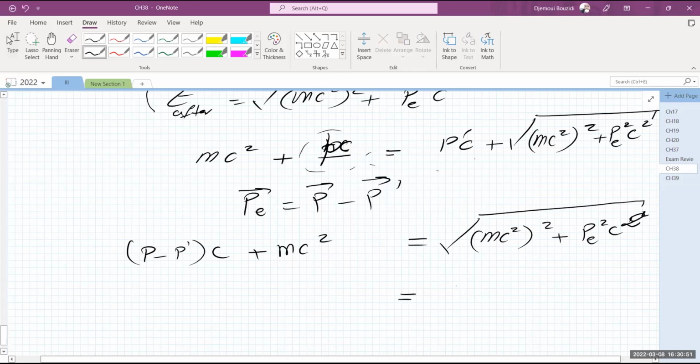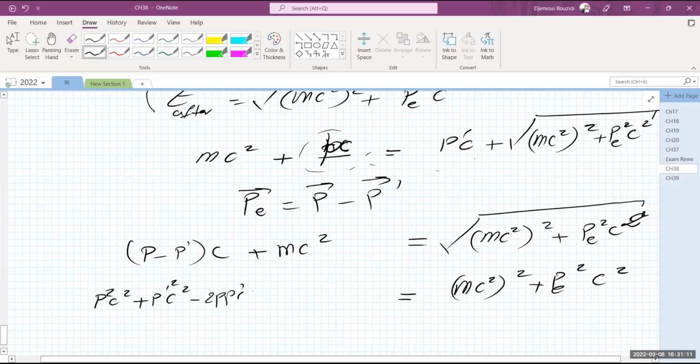Okay. To deal with this square root, we usually square it. So if we square both sides of the expression, I'm going to end up with mc squared plus P_e squared times C squared on this side. And here, I'm going to square the whole thing. So I'm going to end up with the square of the first one, which is P squared C squared, plus P prime squared C squared minus 2PP prime C squared, plus the square of the second one, which is mc squared squared.